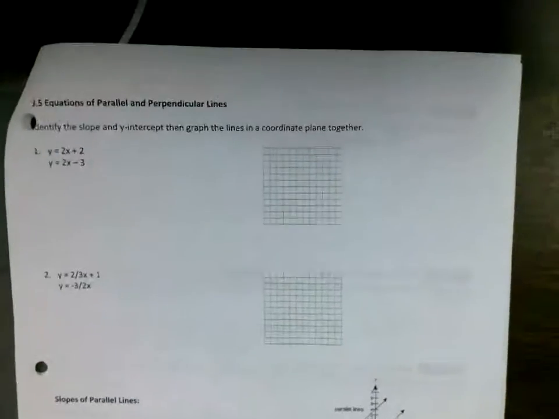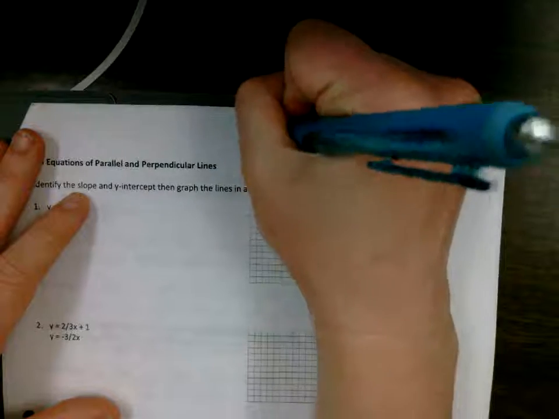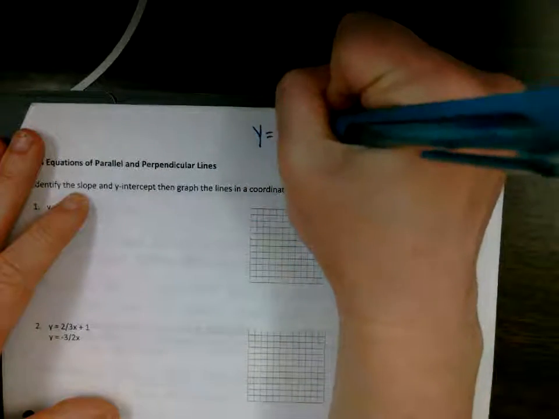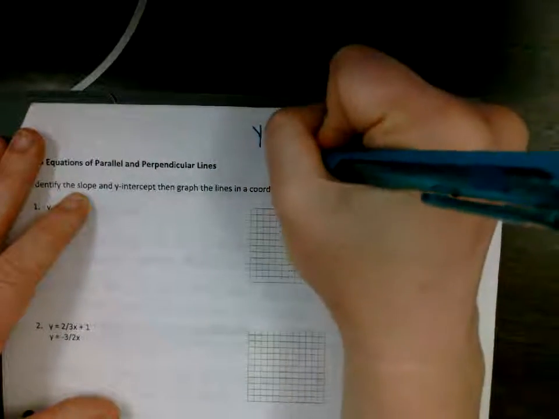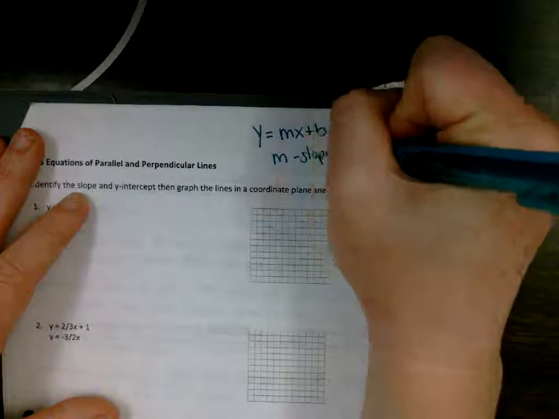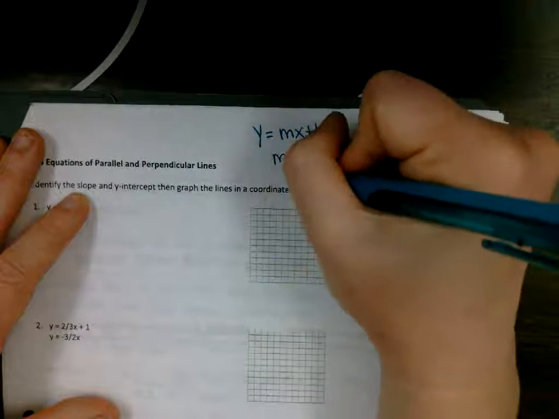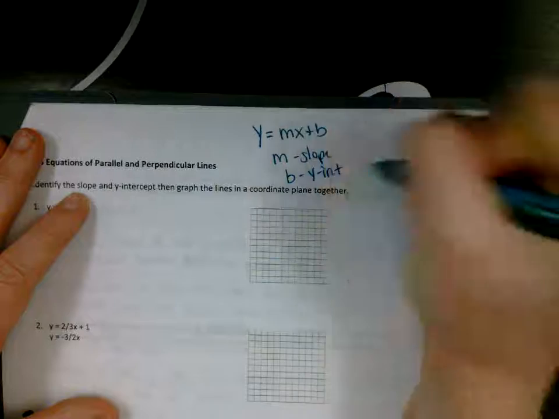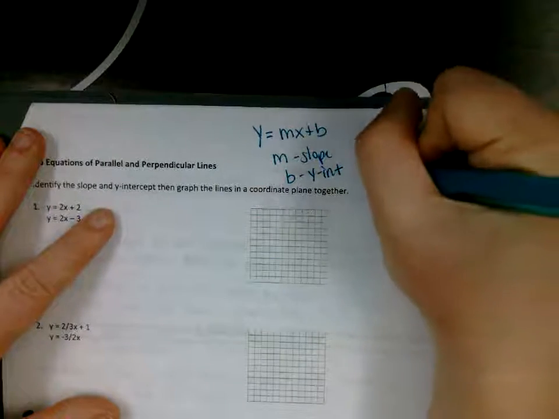So a couple things I want to refresh your memory about. You can go ahead and write it up here at the top. We have the equation y equals mx plus b. We know that m is the slope, b is the y-intercept. We find slope.